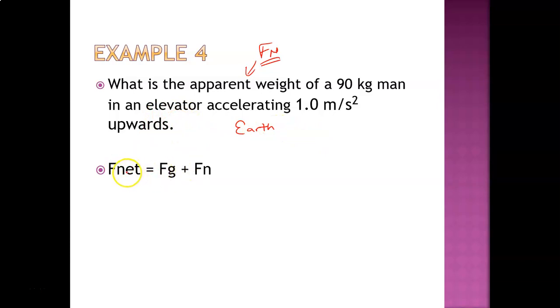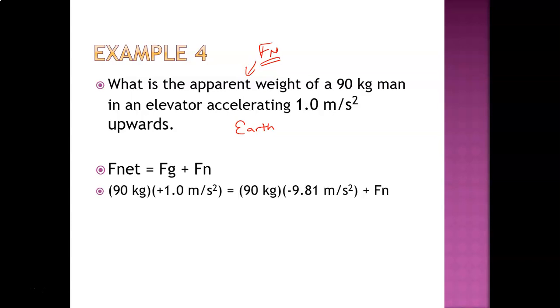So the net force is going to be gravity and the normal force acting on the object. The weight that we feel is that normal force. So at net force, we know we're accelerating 1 meter per second squared up. The force due to gravity, the true weight, is 90 times negative 9.81 meters per second squared. And the normal force is what we're looking for here.